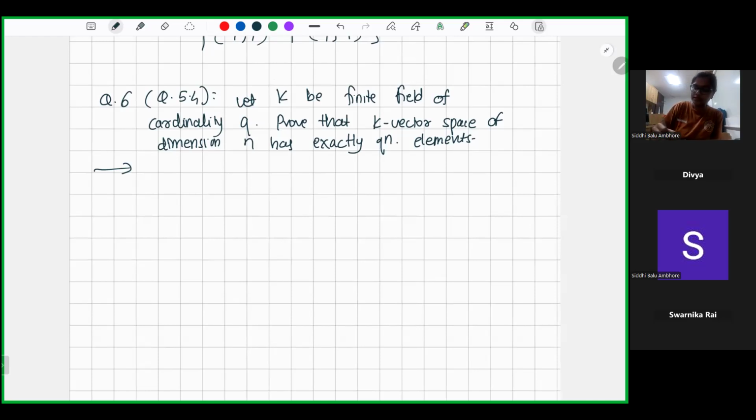So K is a field, so let V be a K vector space of dimension n.